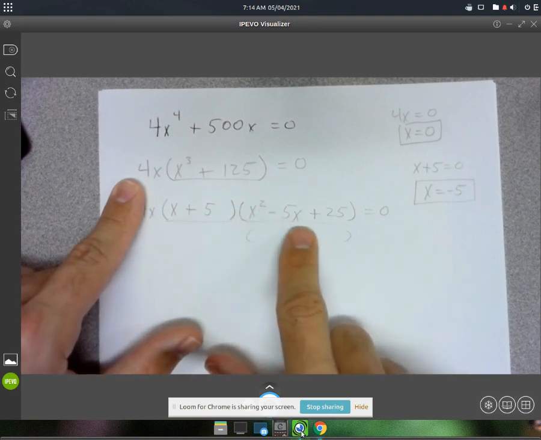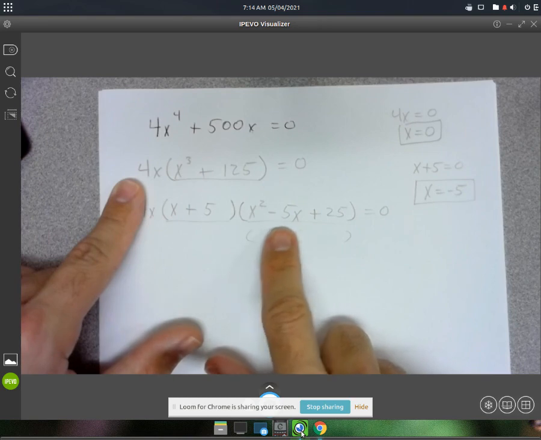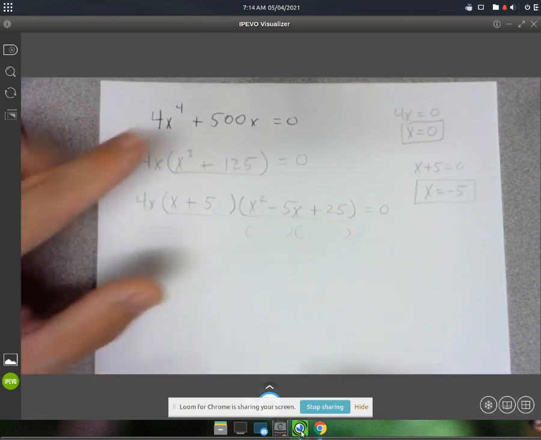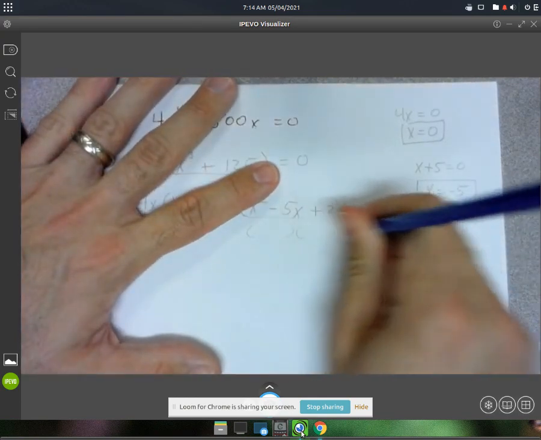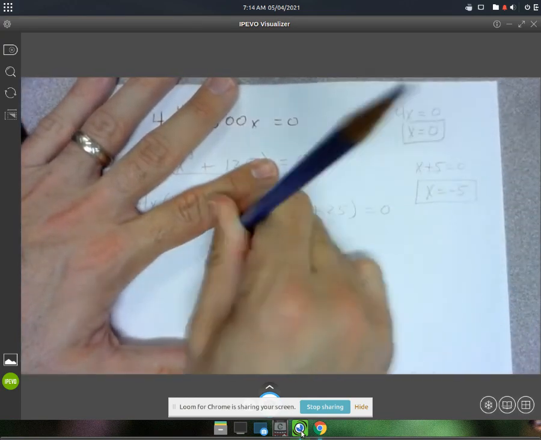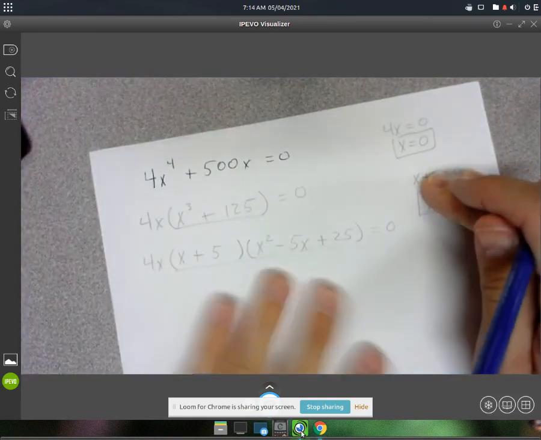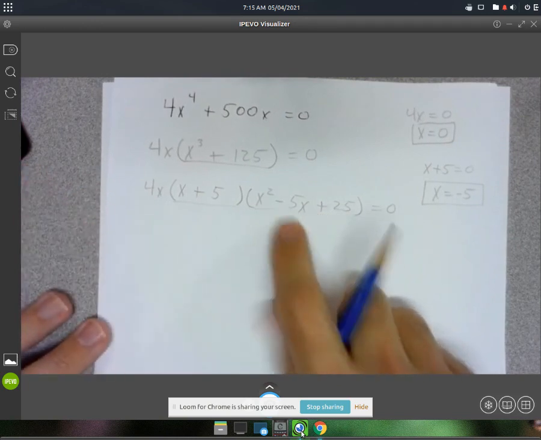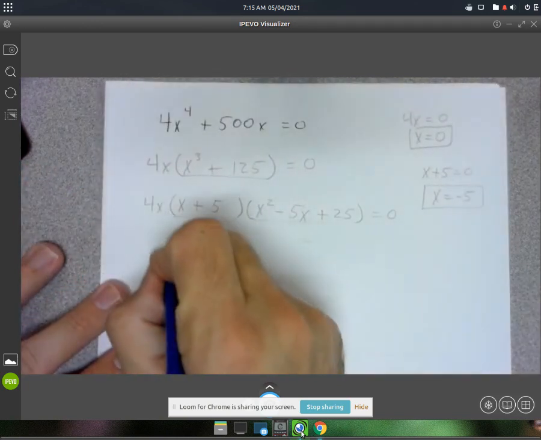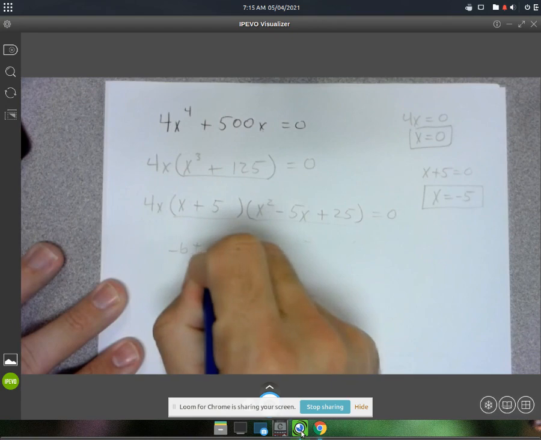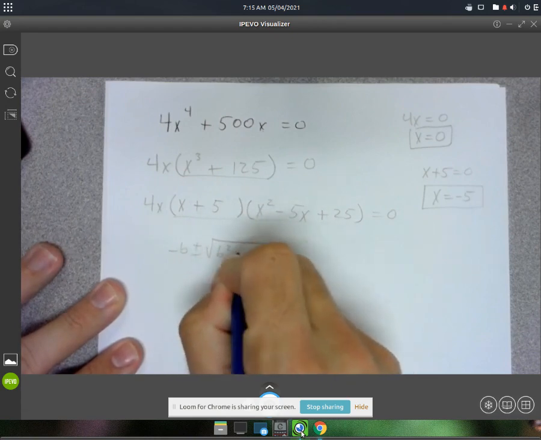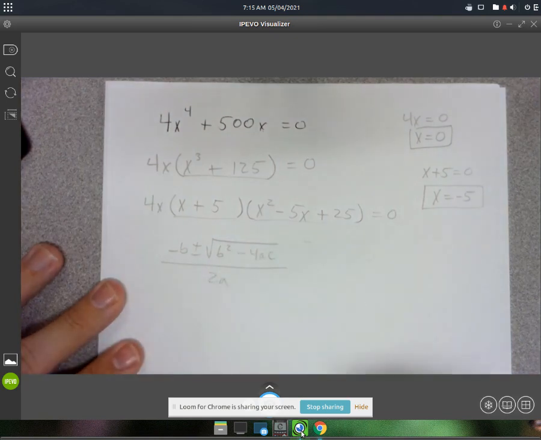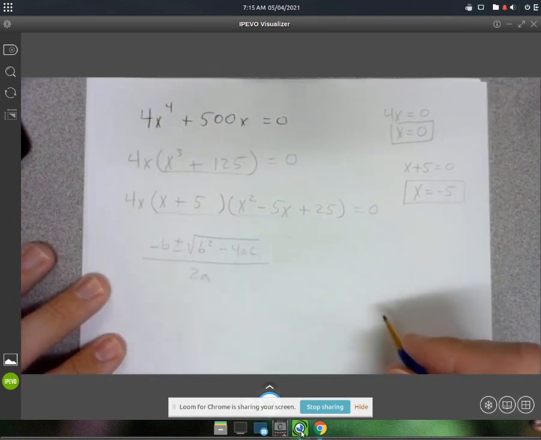The way that you're going to find your solutions for this factor, it's got two solutions, is using the quadratic formula. I know it's tempting to try to factor it again, but it won't factor. There are not 2 numbers that multiply to 25 and add up to negative 5. So we're going to have to apply the whole quadratic formula here to get our other 2 solutions.